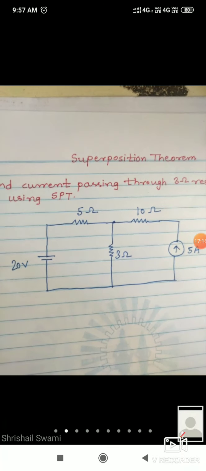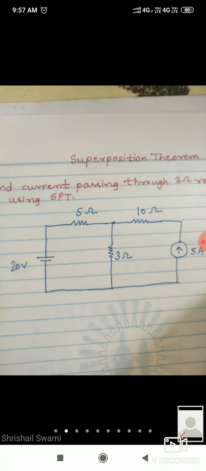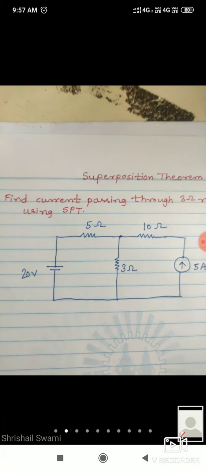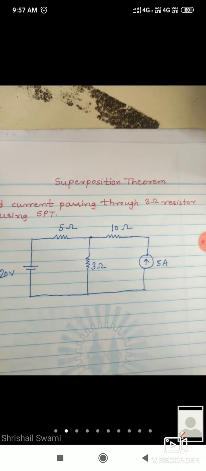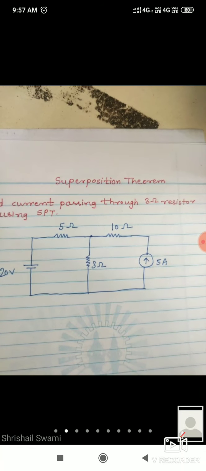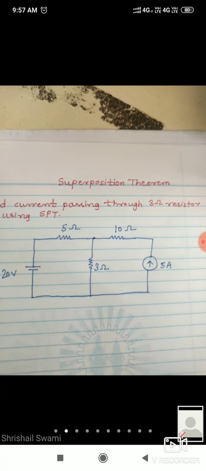Now, what is the question? Carefully read. First of all, they are asking use the superposition theorem. Once you learn all the theorems, which theorem to apply will not be a choice. They will tell which theorem you have to use.